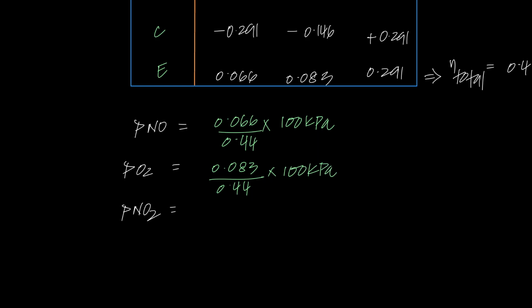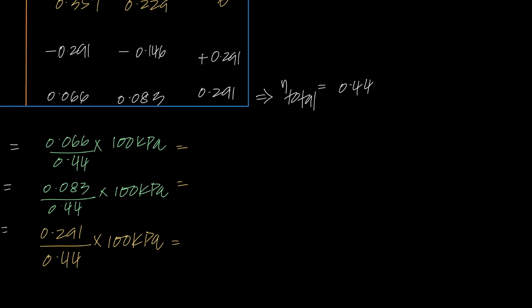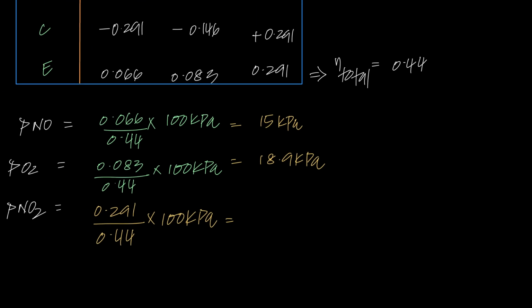For NO2, it's 0.291 divided by 0.44 into 100 kilopascals. And what are your partial pressures? For NO, it's 15 kilopascals again. For O2, it's 18.9 kilopascals. And for NO2, it's 66.1 kilopascals.